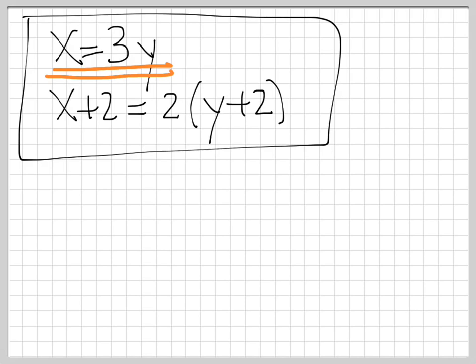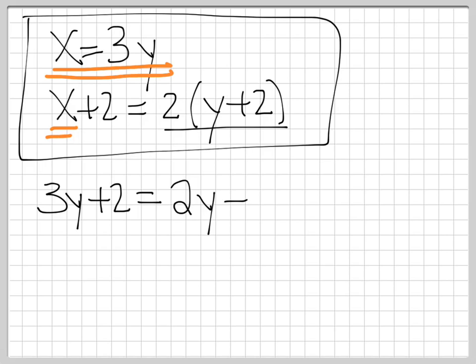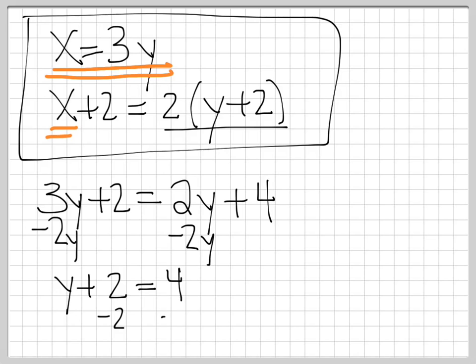Instead of writing x, write 3y. And here's the x, and it's going to become 3y. 3y plus 2 equals, now, 2y plus 2, we need to distribute. That becomes 2y plus 4. Move the 2y, and we get y plus 2 equals 4. Move the 2, and we get y equals 2.